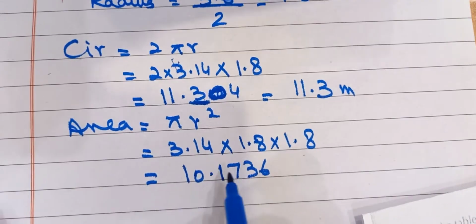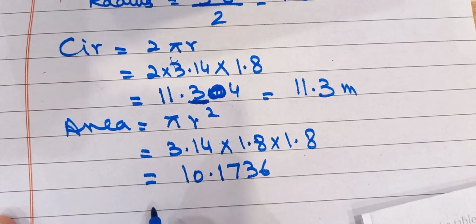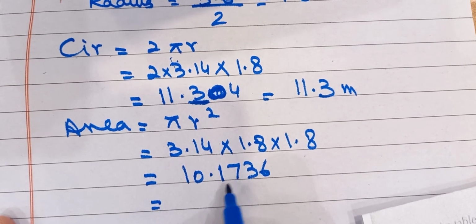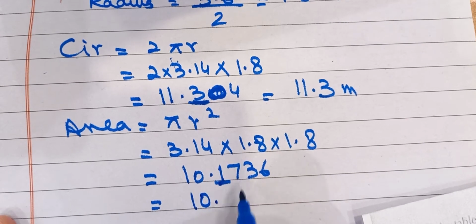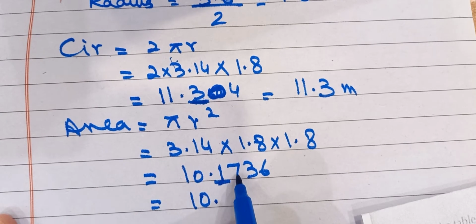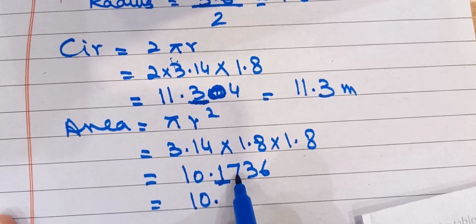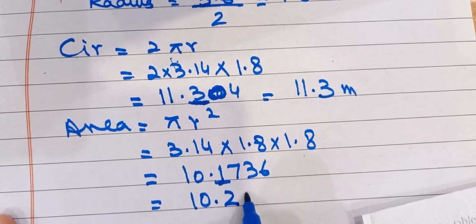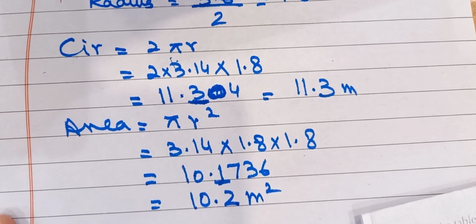They have rounded it off to one place of decimal. As we know that the next digit is more than 5, we will add 1 to this number. 10.2 meter square is our area.